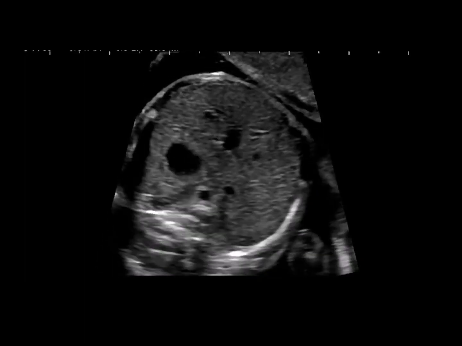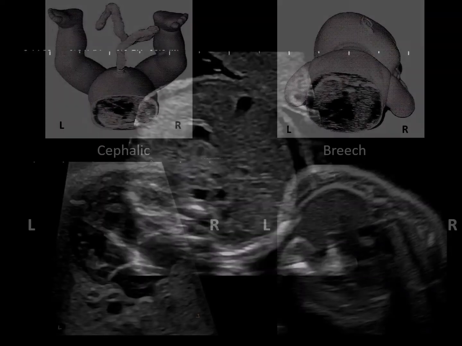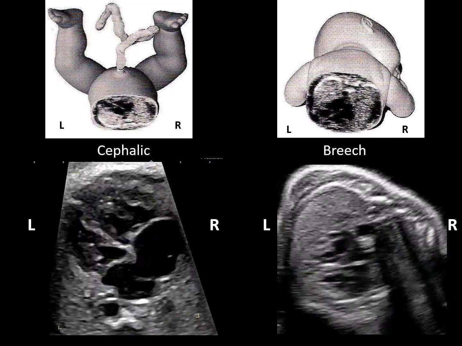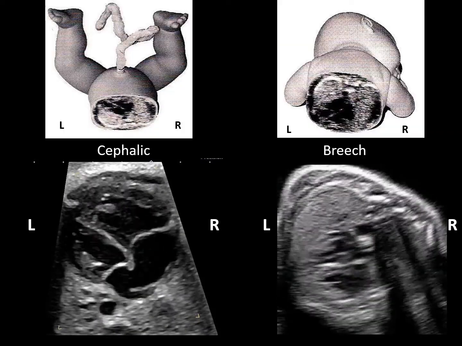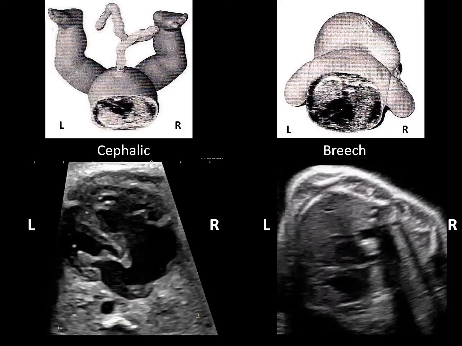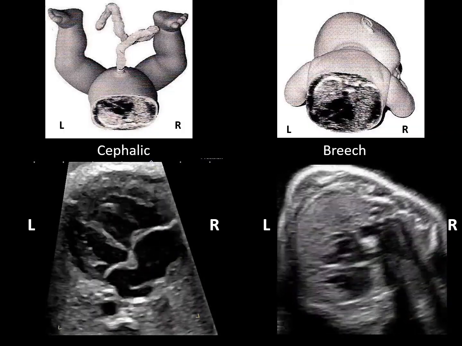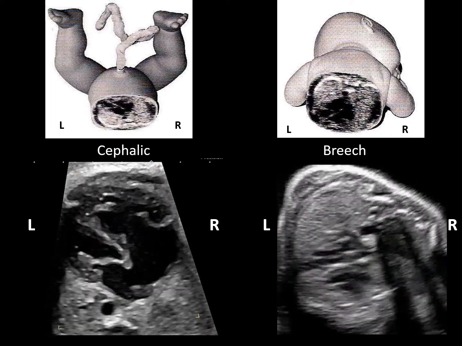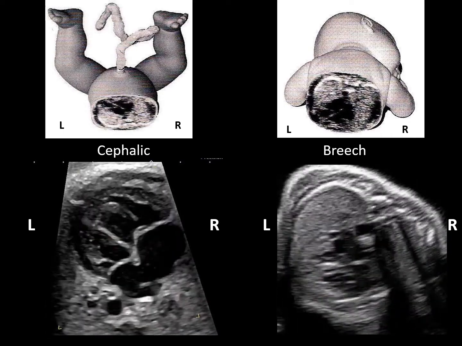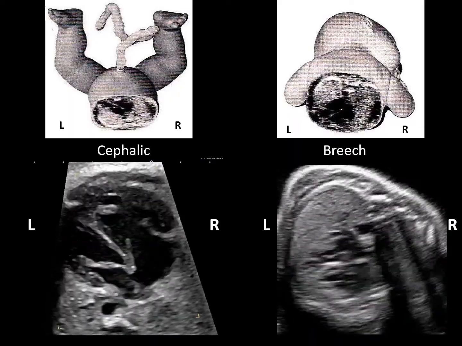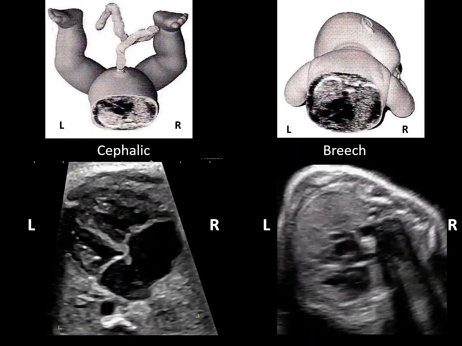And the reason we know that is because we are picturing the fetus in this particular left-sided panel as the legs or the bottom half of the fetus going into the ultrasound monitor.